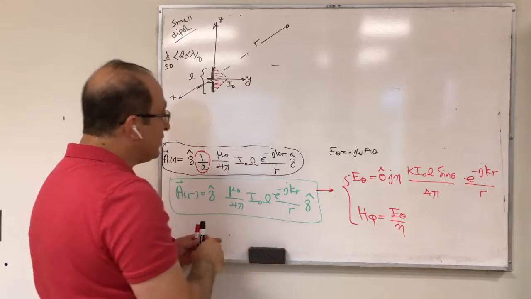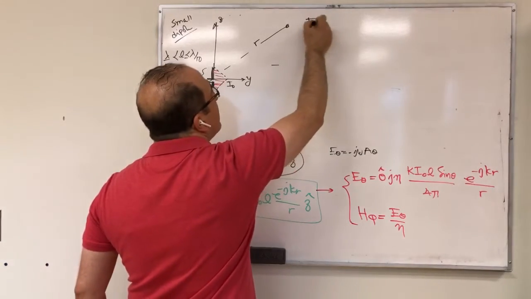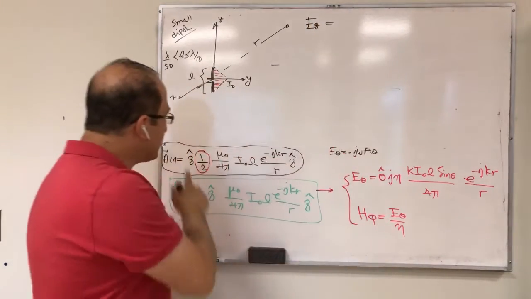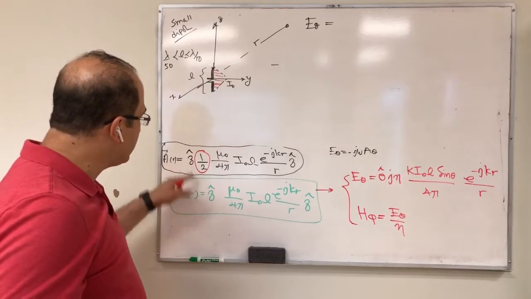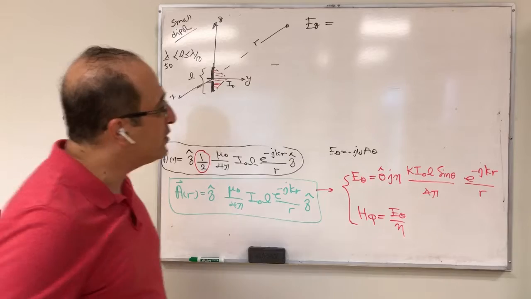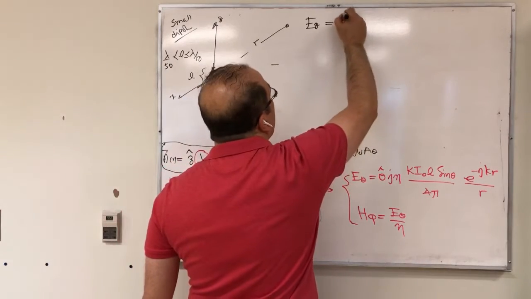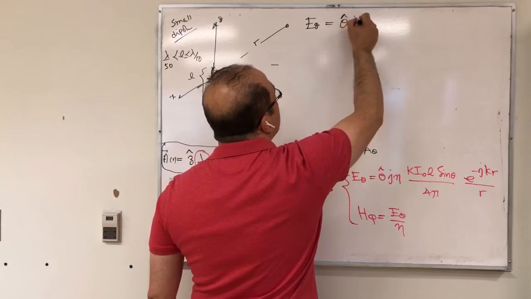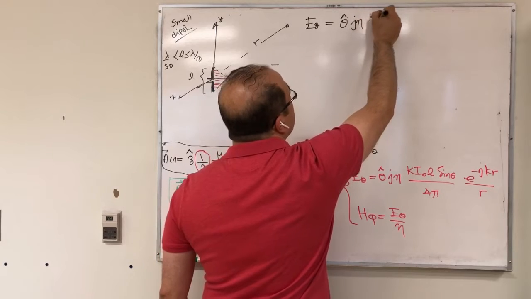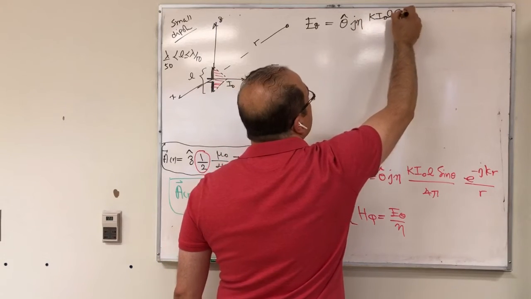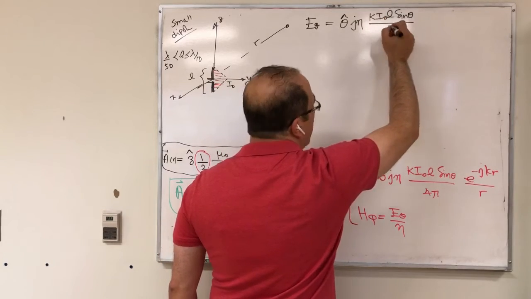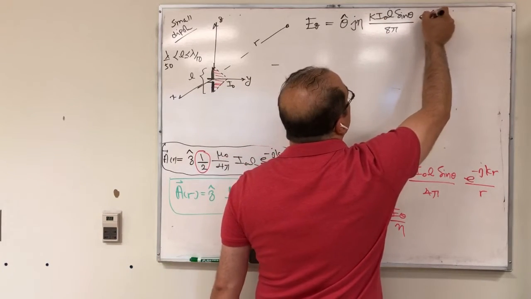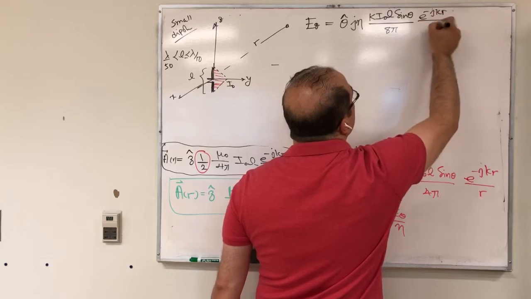So let me write it down. So E theta of a small dipole antenna would be this, but divided by 2 because its A is half of this. So that's going to become theta hat j eta k I naught L sine theta. Now instead of 4 pi, I'm going to get 8 pi, e to the power of minus j k r over r.